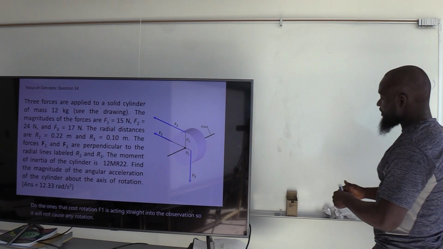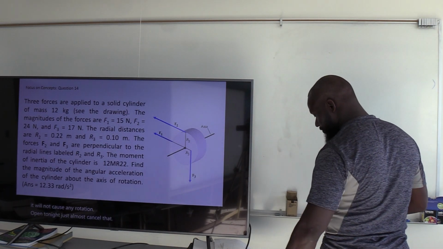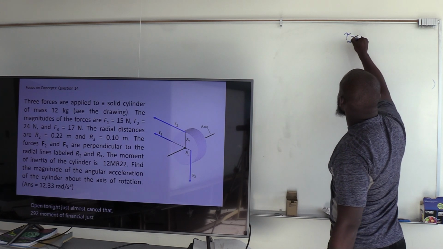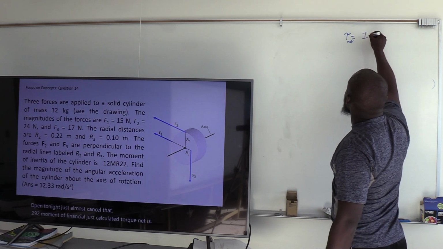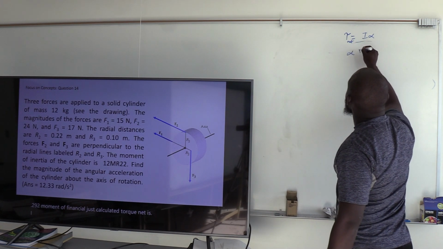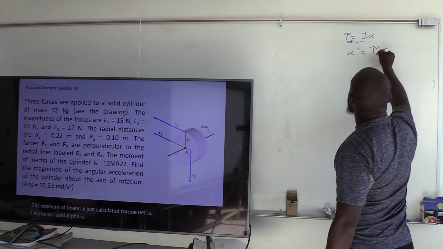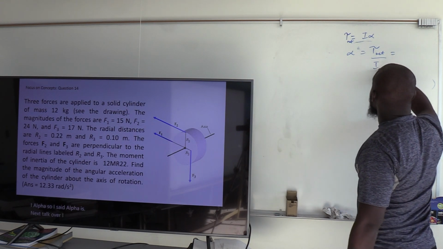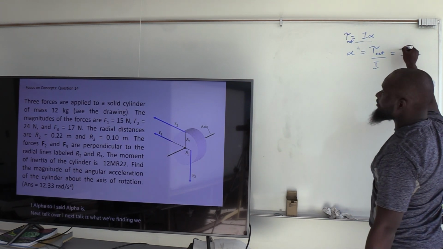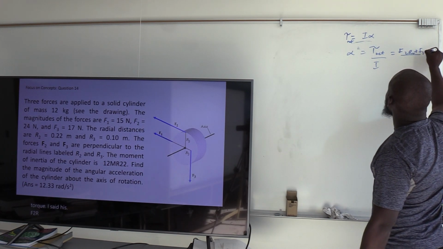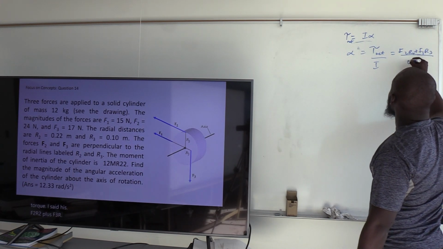0.29 is the moment of inertia we just calculated. Torque net is I alpha. So I said alpha is net torque over I. Net torque is what we are finding. So alpha is F2 R2 plus F3 R3 over 0.29.